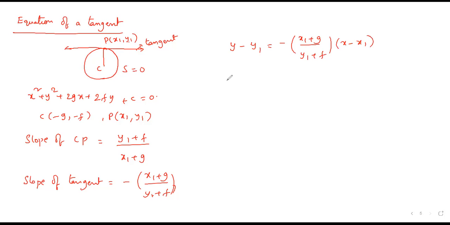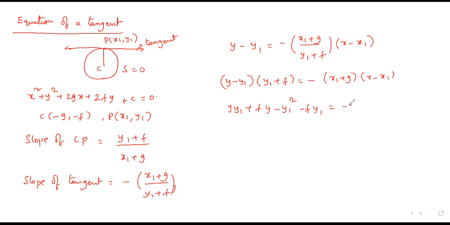Take cross multiplication: (y minus y1) into (y1 plus f) equals minus of (x1 plus g) into (x minus x1). So y y1 plus fy minus y1 square minus f y1 equals minus x x1 plus x1 square minus gx plus g x1.